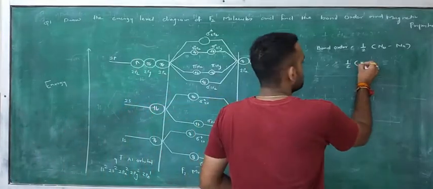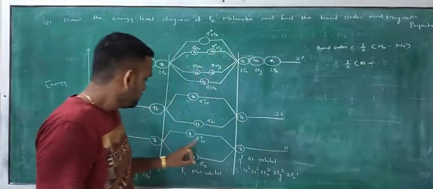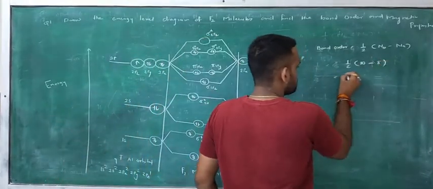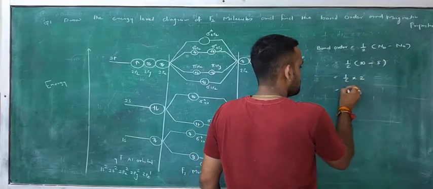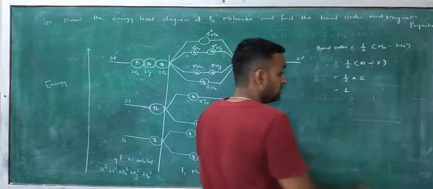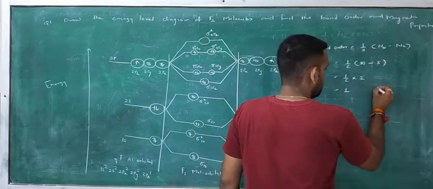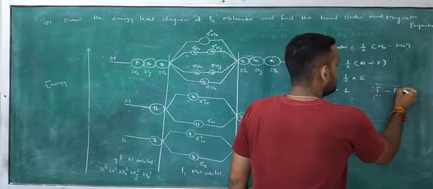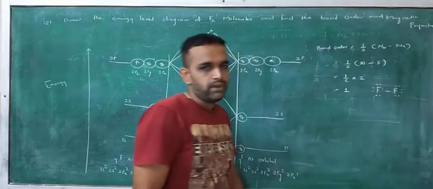So I can write 10 minus Na: 2 plus 2, 4, 5, 6 and 7, 8. So I can write here 8. So 1 upon 2 multiplied by 4, which equals 1. And between the two fluorine atoms only one bond is there. The rest are non-bonding electron pairs, right?